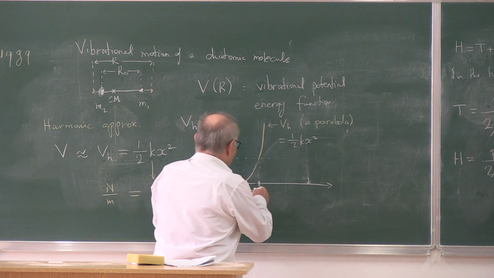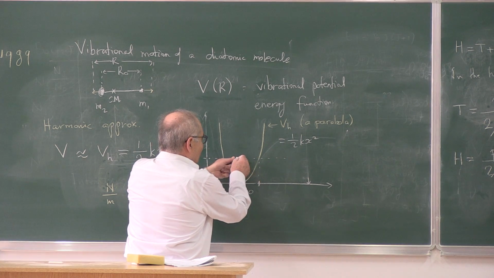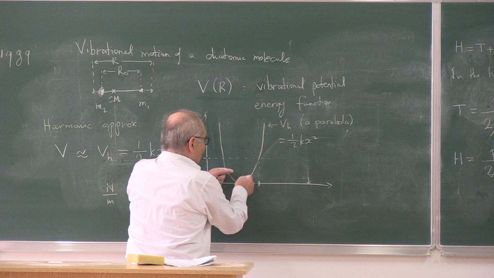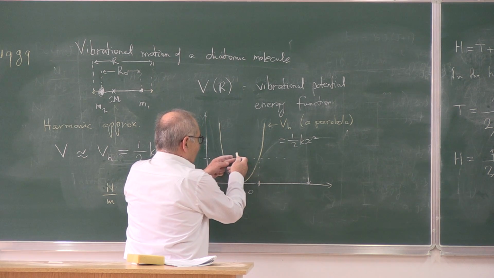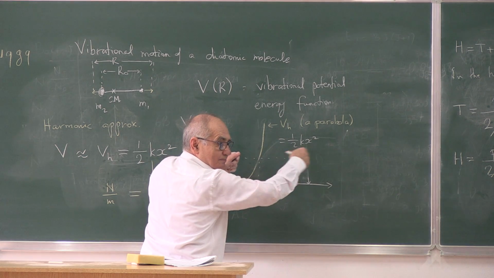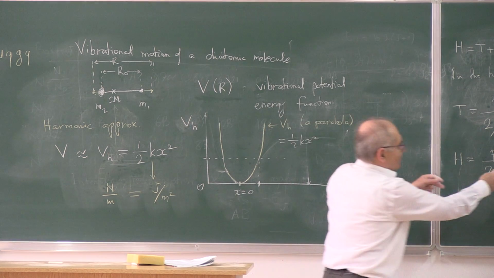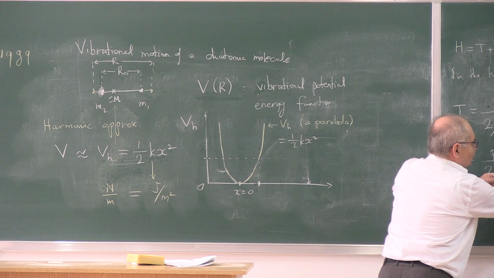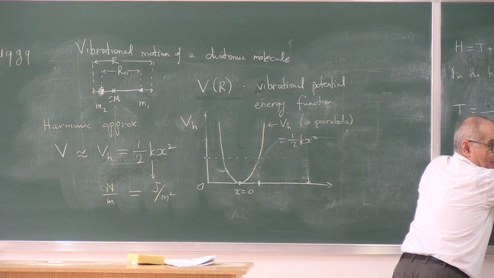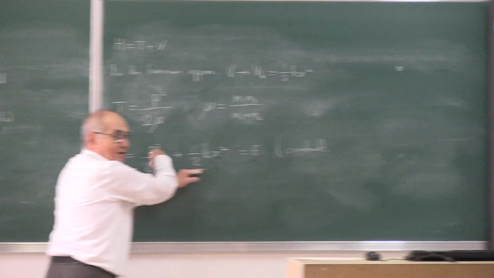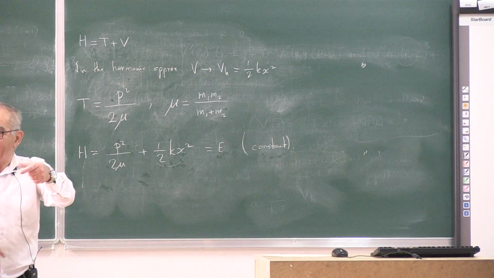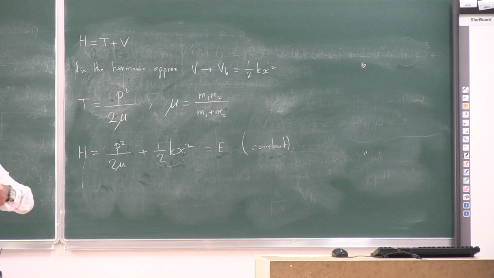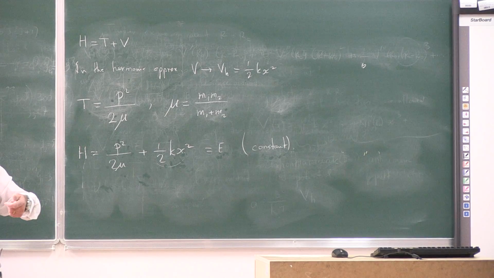Now, if you imagine starting with some lower x value than this one, and then imagine increasing it, then this term is smaller than E. That means there is a contribution from kinetic energy. But if kinetic energy is non-zero, what does it mean? It means it is moving, right?